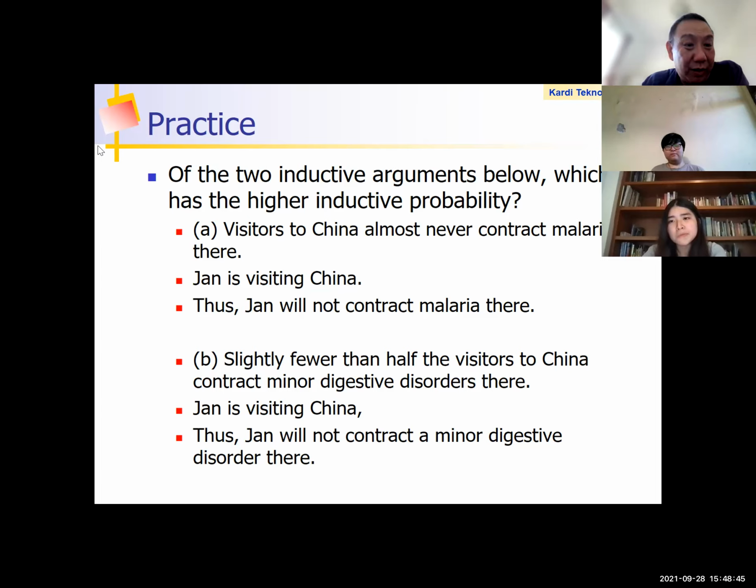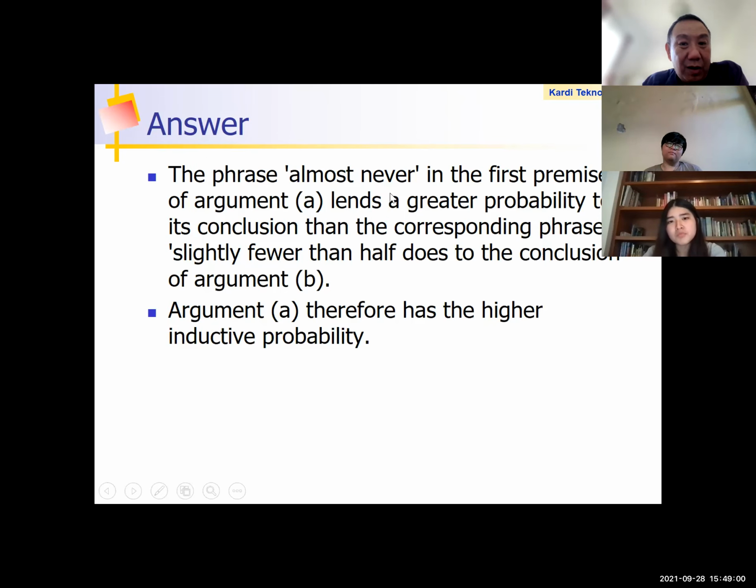The keyword there is important. Here it is slightly fewer than half, the other one is almost never. So almost never in the first premise leads to greater probability.